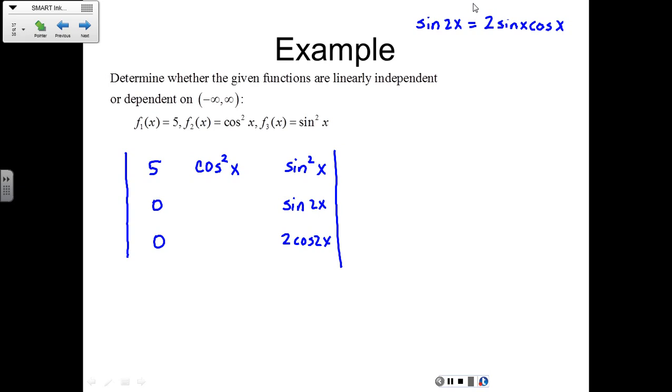Except negative. It'll be negative sine of 2x. And then the derivative of that is going to be negative 2 cosine of 2x. Okay, so I'm going to do the long way here. Boring, boring, boring.